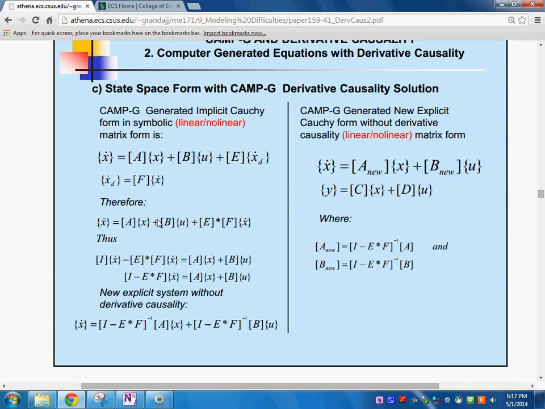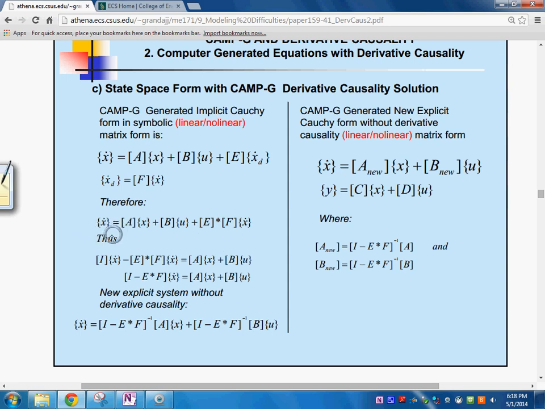And then you know that you could replace this into here, and that's exactly what we do. So we have these two matrices, E and F, but they are multiplied by this x dot over here. So one way to solve this is to move this to this side.